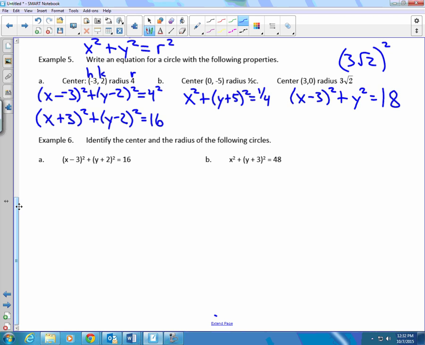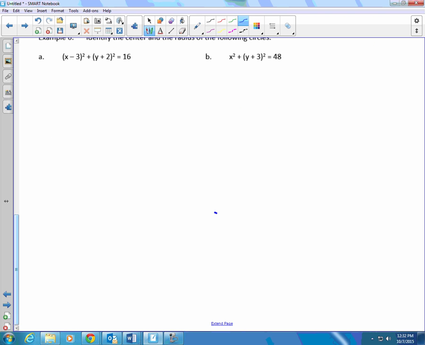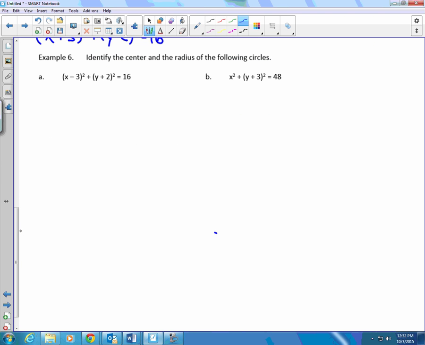Okay. Now let's look at the second part, which is to examine the equation and identify the center and the radius. Center, radius. What's the center for the first one? (3, -2). And the radius? 4. Any questions how I came up with (3, -2)?